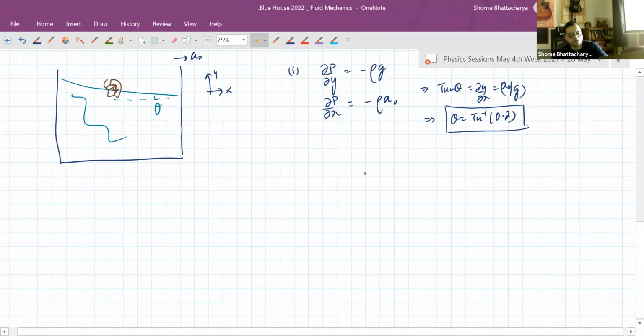Now let's come to the free body diagram of the wooden object in the non-inertial frame of the tank. First of all, mg and the pseudo force.